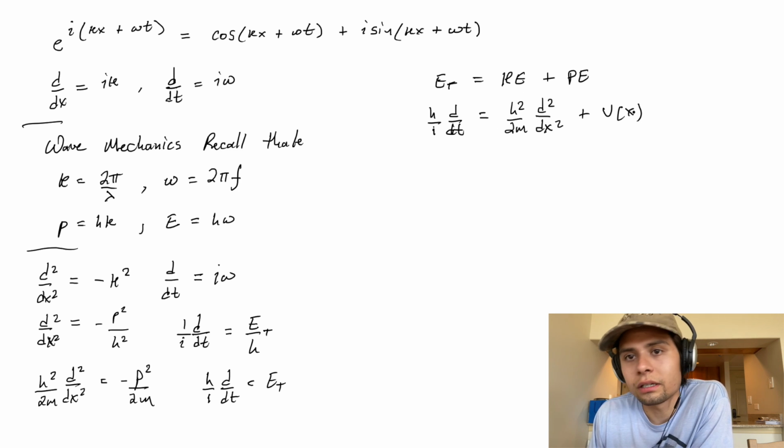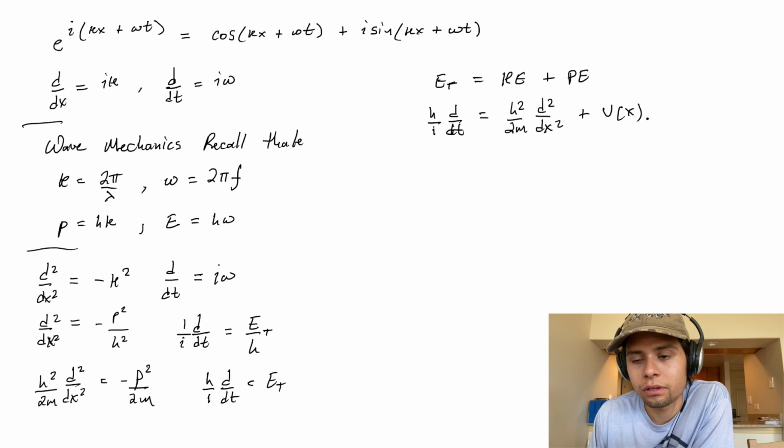So this is basically the Schrödinger equation. d/dt has to act on something, this has to act on something, and this has to act on something. So these are all operators, right?